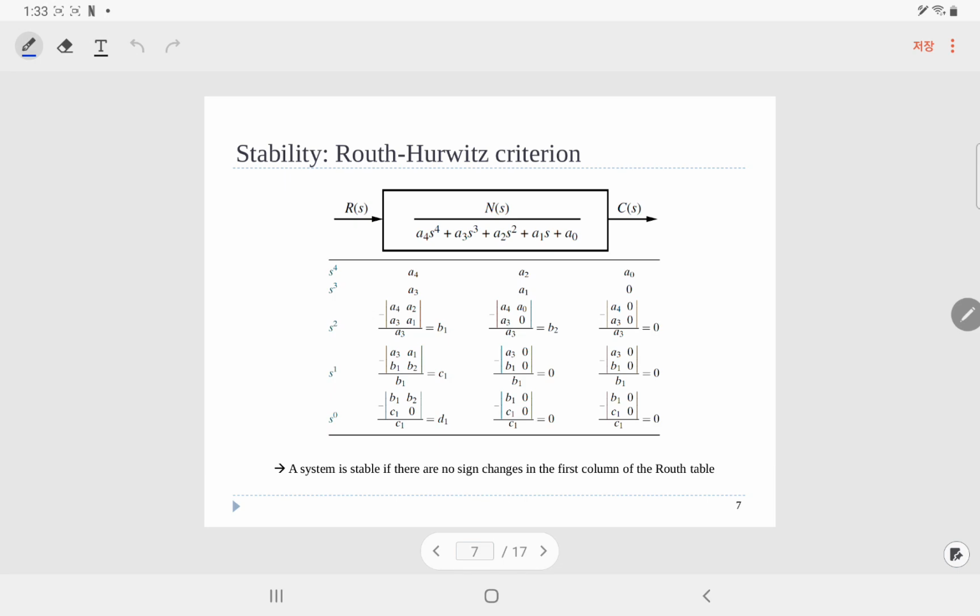This method is called the Routh-Hurwitz criterion. Using this method, we can see how many closed loop system poles are in the left half plane, in the right half plane, or on the imaginary axis. However, we cannot find the exact location of closed loop poles by using this Routh-Hurwitz criterion.